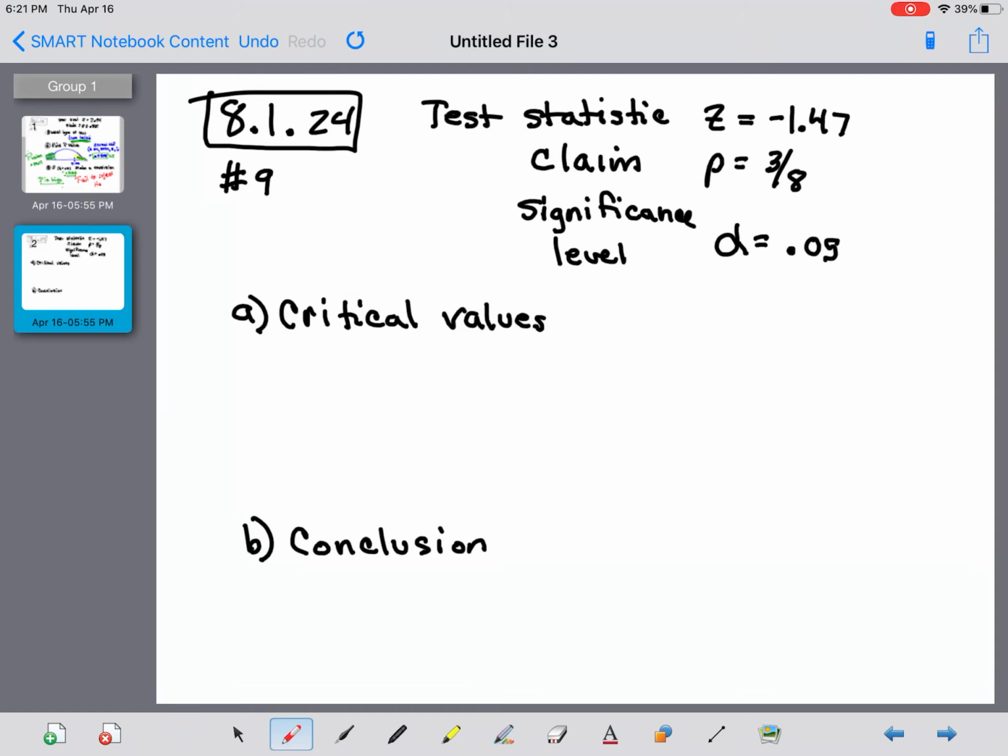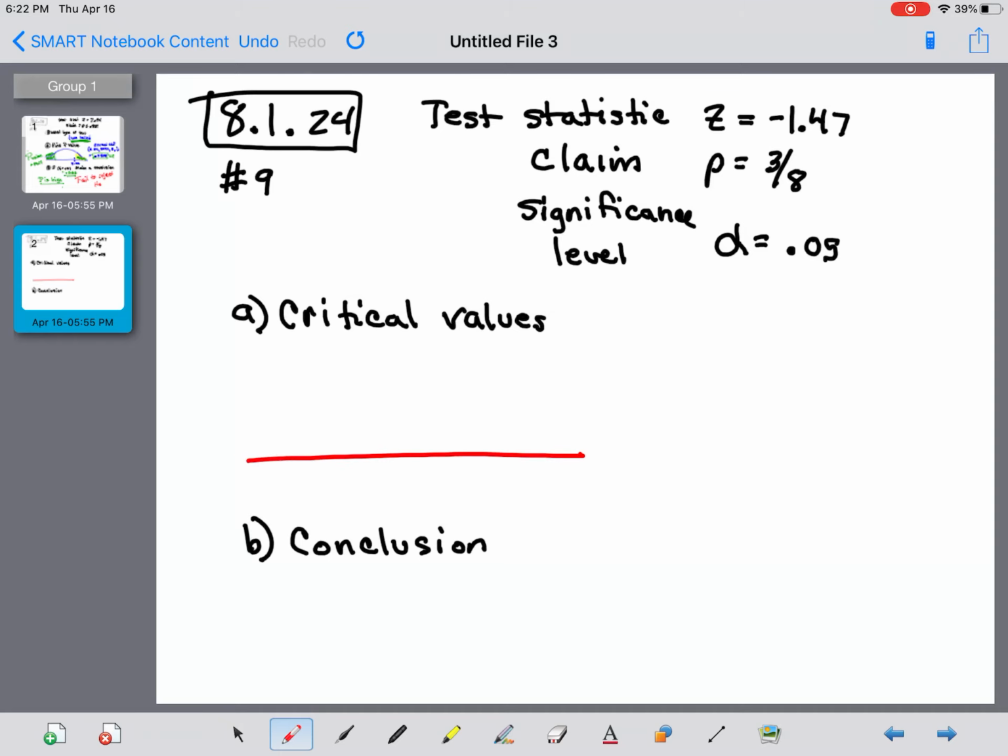In the next question, they gave you the test statistic. The test statistic was z equal to negative 1.47. The claim was that P is equal to 3/8, and the significance level was 0.05. Once again, this is a two-tailed test. The first thing you're supposed to do is find the critical values.